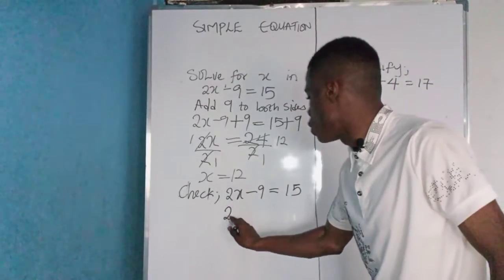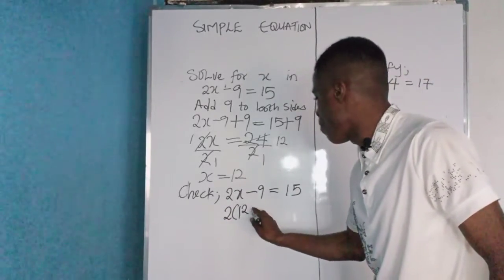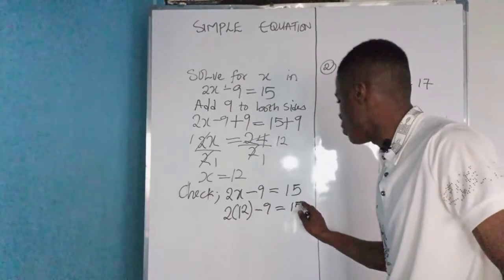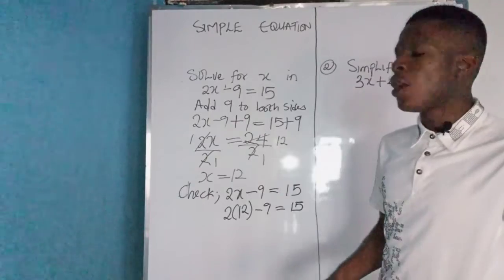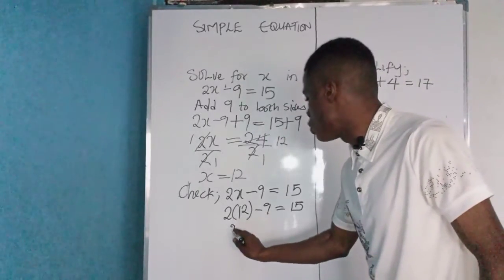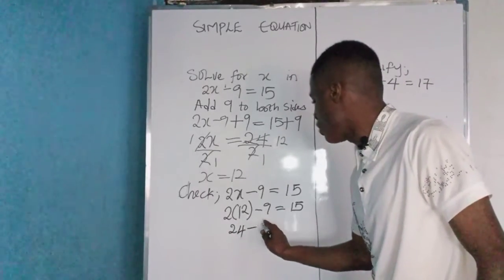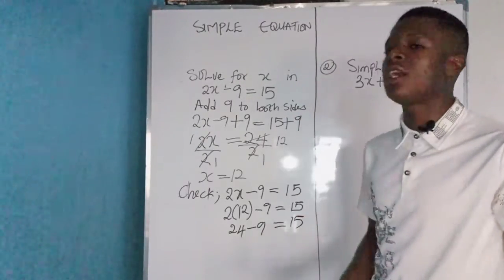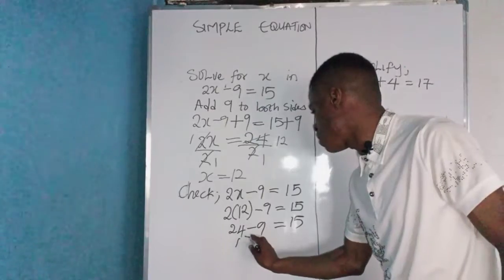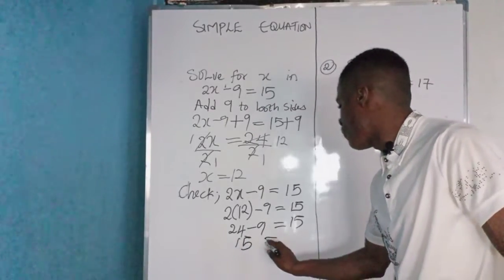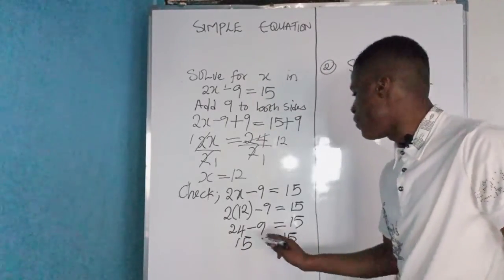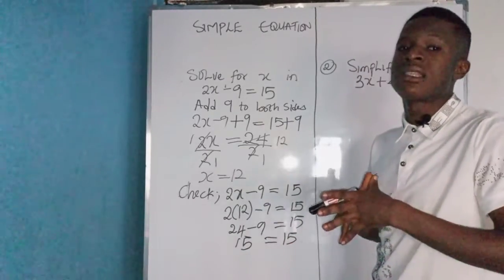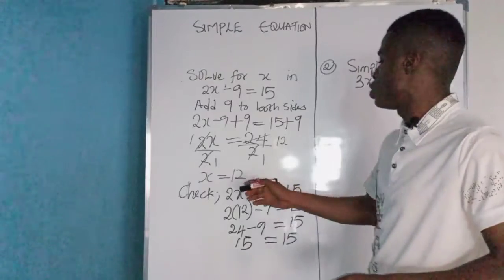So I have 2 times 12 minus 9 equal to 15. 2 times 12 is 24, minus 9, and you know that 24 minus 9 is 15. So 15 is equal to 15. The value of x that will satisfy this simple equation is 12.